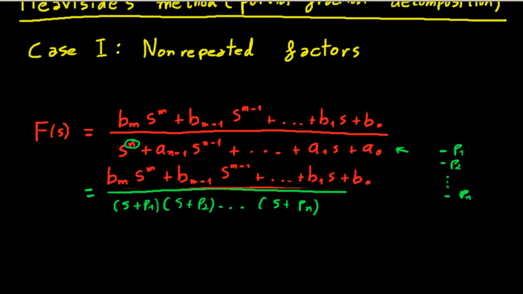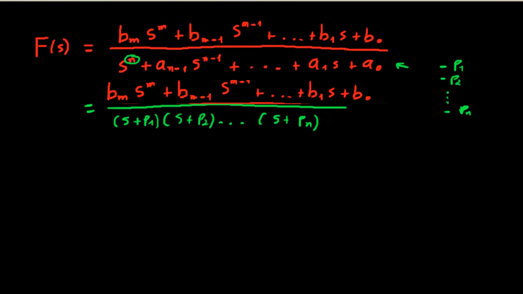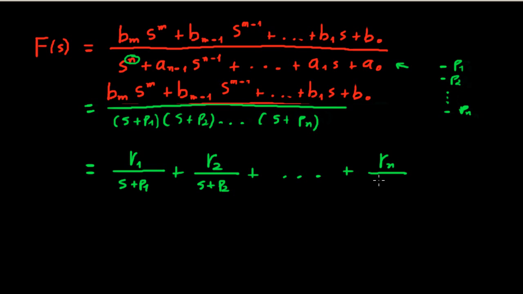Okay, that allows us to assume, and this is where the Heaviside method begins, that this is equal to a certain sum of factors. This is r1 over s plus p1 plus r2 over s plus p2 plus all the rest of the factors plus rn over s plus pn.